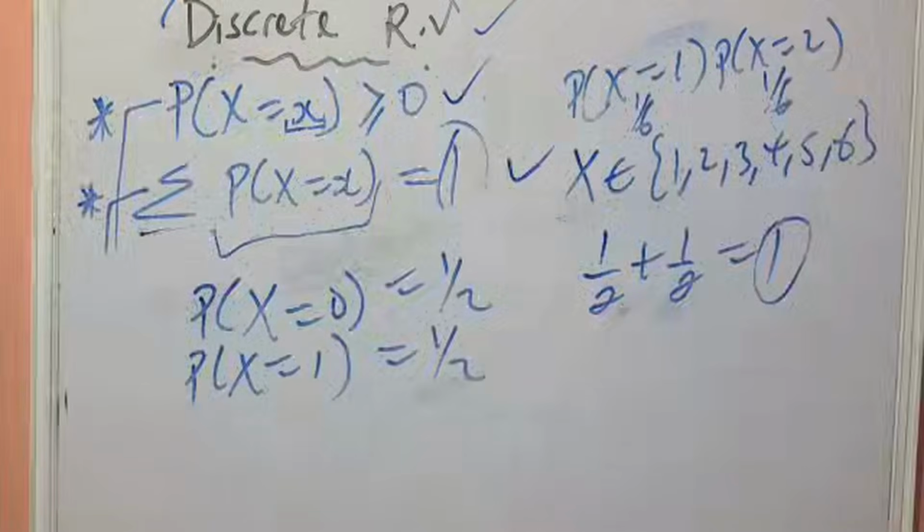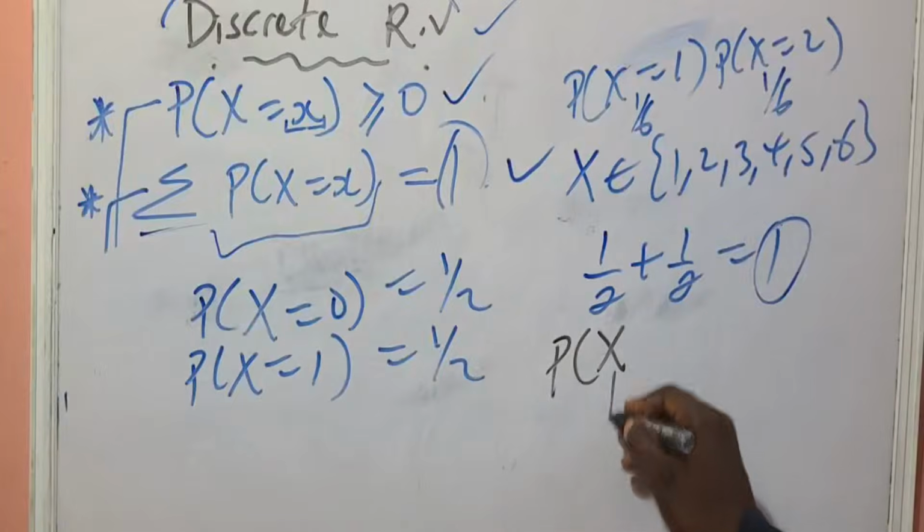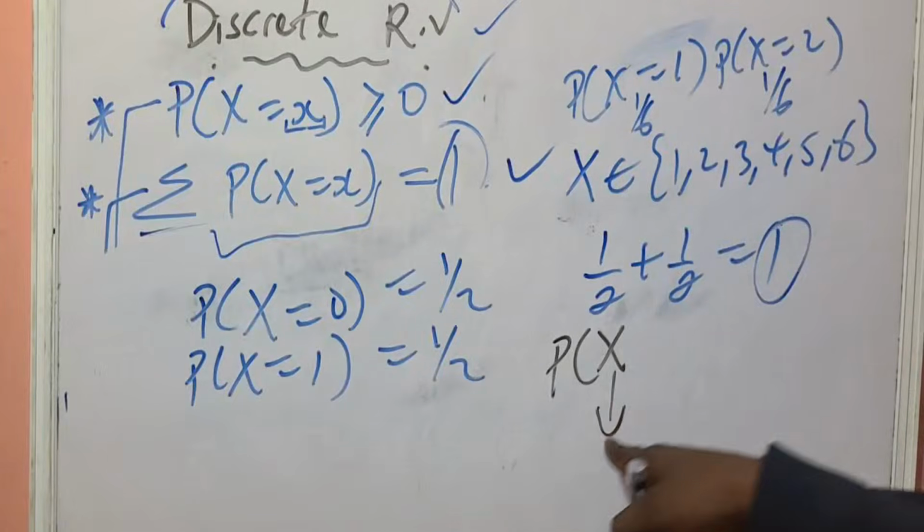Now, instead of saying probability of getting a head, probability of getting a tail, probability of getting a one, probability of getting a student with a height of 5 point something, instead of seeing all those things in a more qualitative way, we can say probability of a random variable, which we define on the basis of whatever experiment we're dealing with.